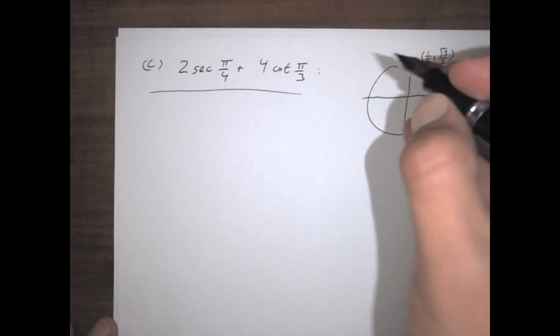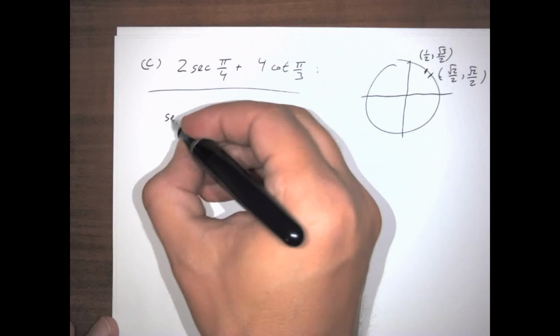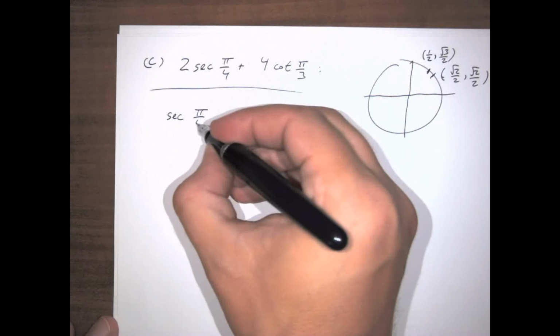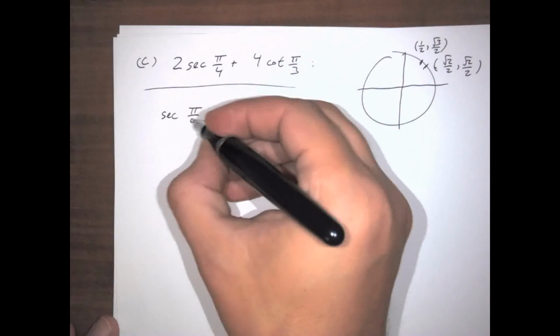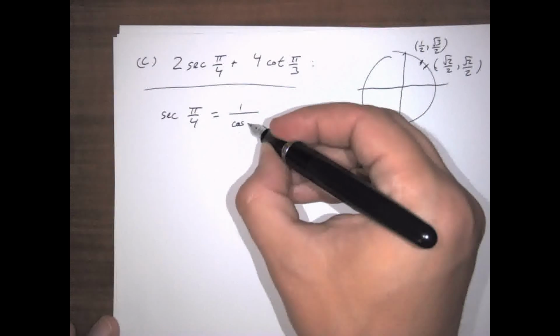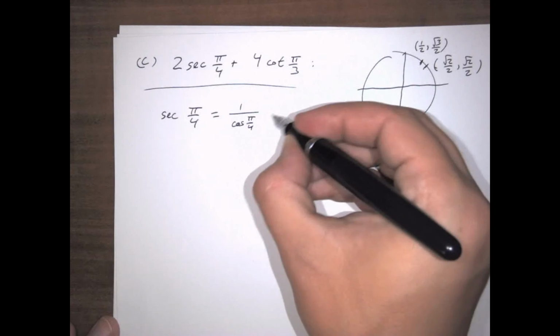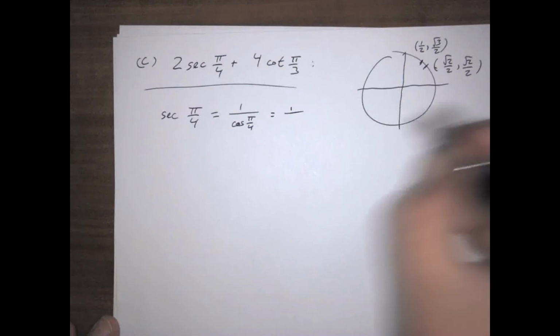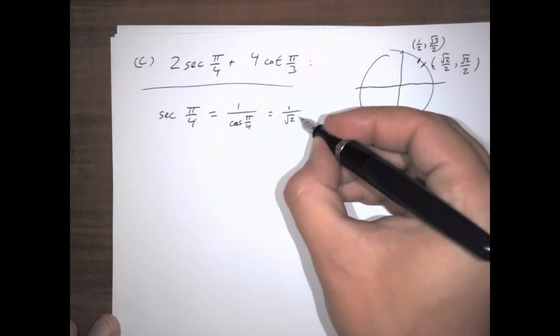Okay, so then secant pi over 4. Well, it's 1 over the cosine. So in other words, 1 over root 2 over 2.